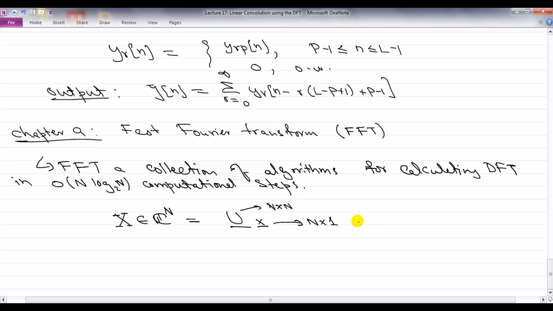In general, that will give the exact numbers, but that is in order n square operations, which is as slow as linear convolution.